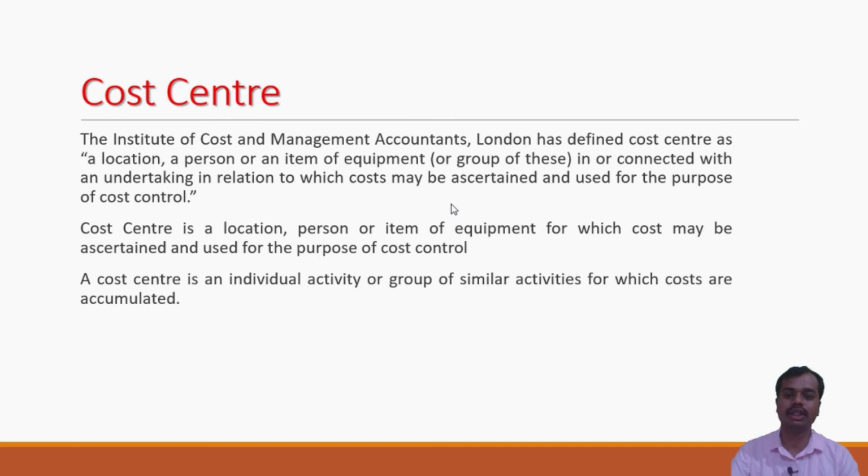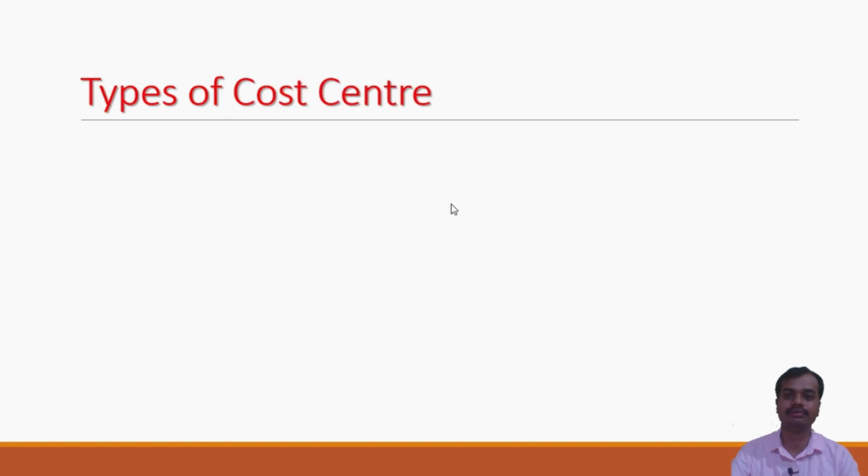For example, in a production department, a machine or group of machines within a department or a work group is considered as a cost center. Any part of an enterprise to which costs can be charged is called a cost center.